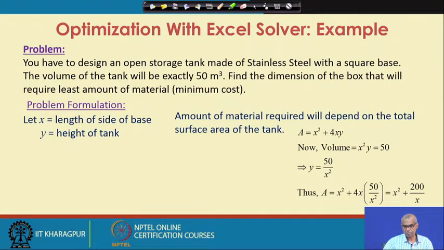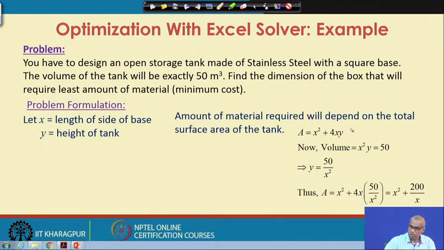Note that the base is square. Amount of material required will depend on the total surface area of the tank, and the total surface area of the tank is x square plus 4 x y.